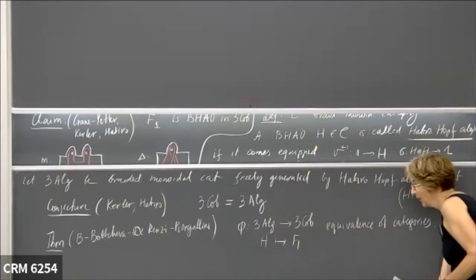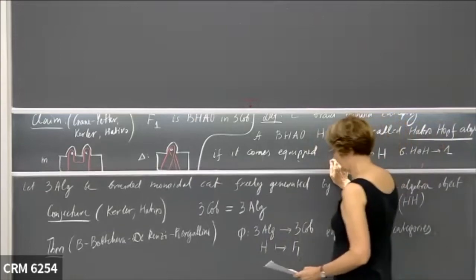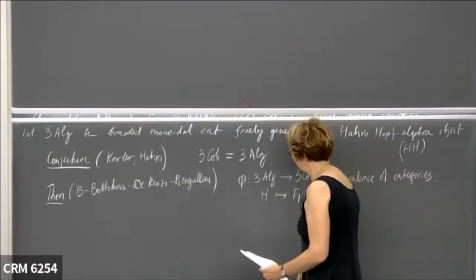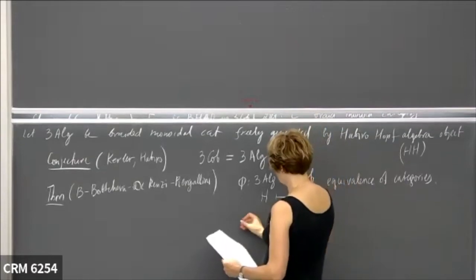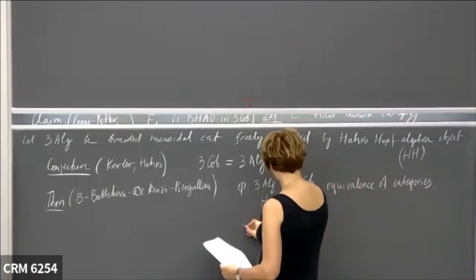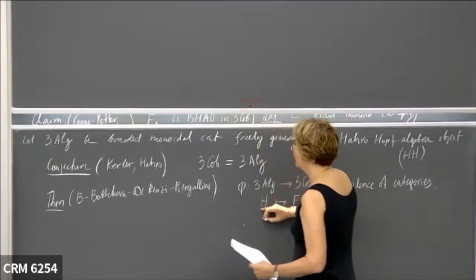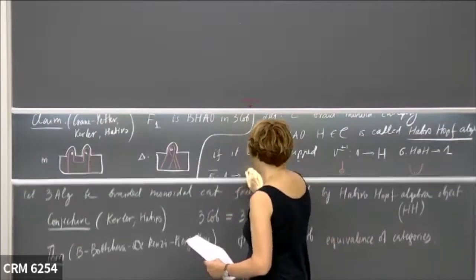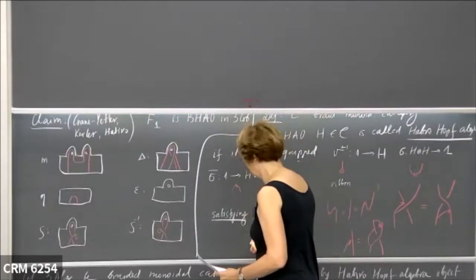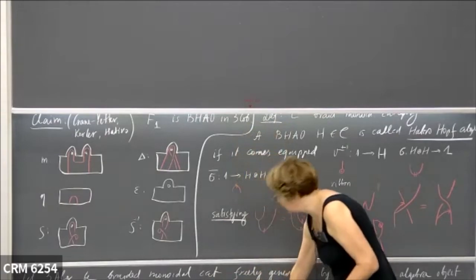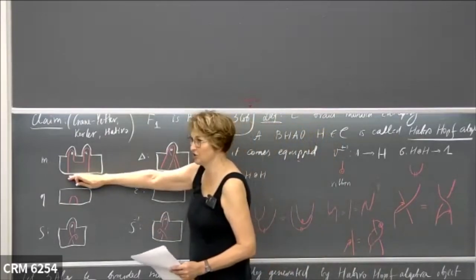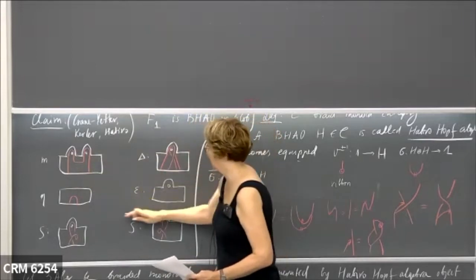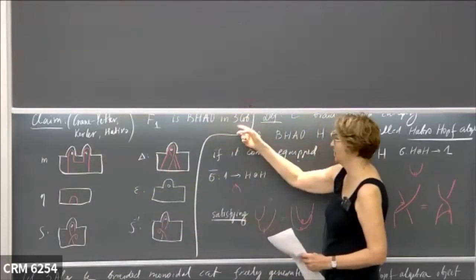Okay. And then we also describe this functor. In order to describe the functor, I need to say where the generators are going. We already know where the algebra goes: the multiplication, because this H is an algebra object, goes to this one, and so on.